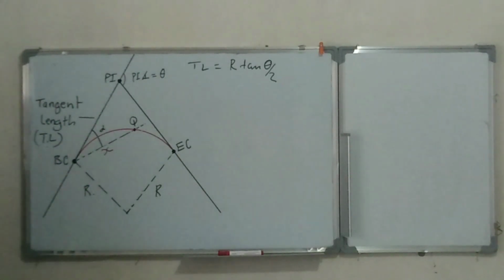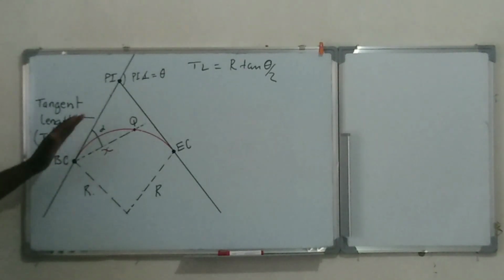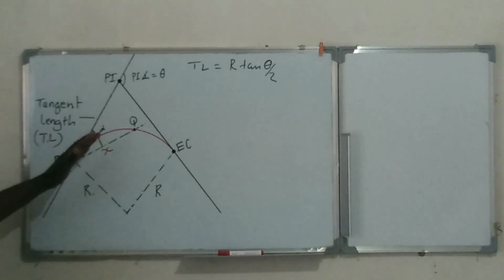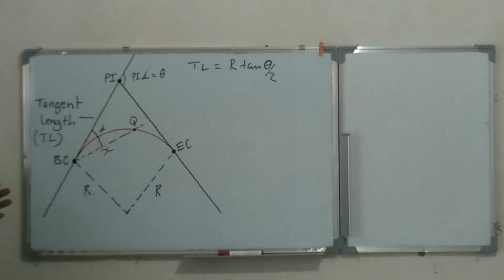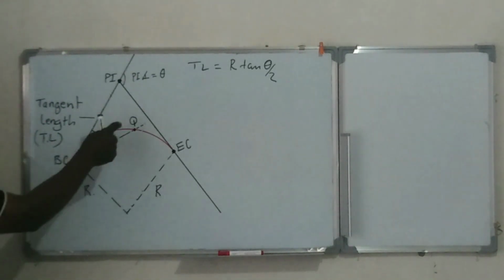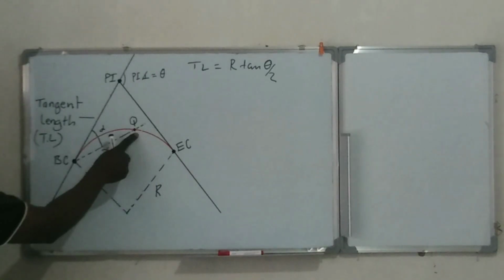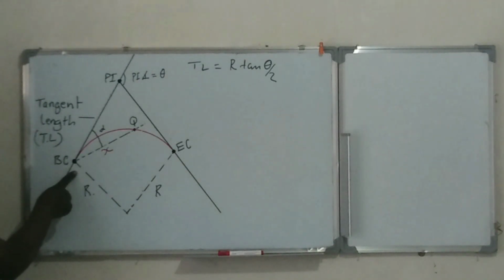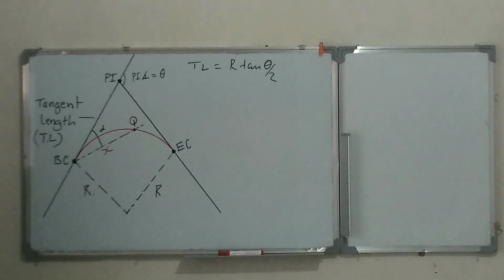What next? Remember, the curve is continuous from the BC all the way to the EC. So we need to put a few more points, depending on the length of the curve, along the curve so that it can be well defined. Right. How do we put those points? Now, supposing we want to put a point Q, which is on the curve, what we do is we set up our machine on the BC.